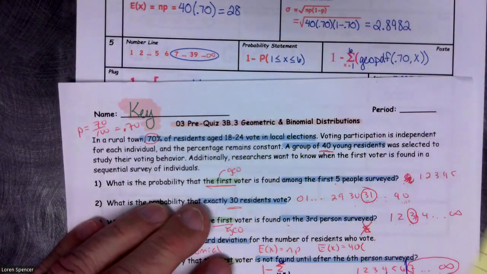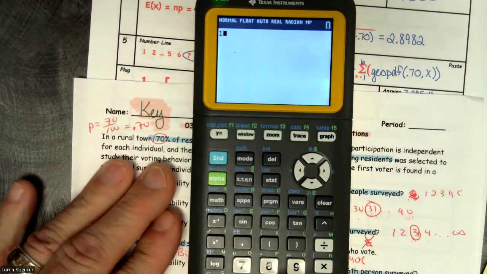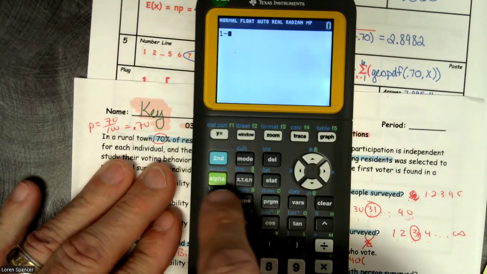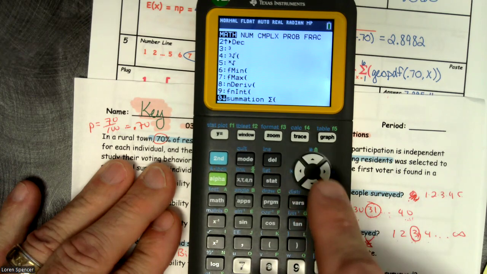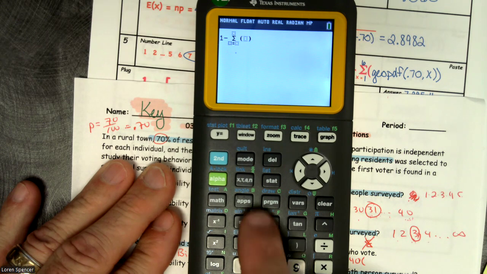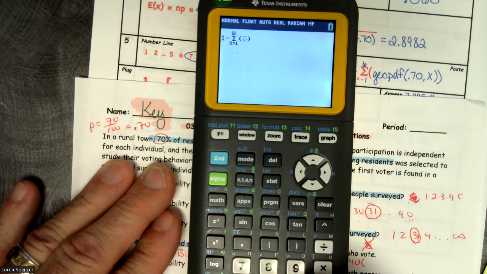So let's run this through the calculator and see how this works. We're going to go 1 minus, press the math button because I need that summation key. Scroll down to number 0, summation. We press the X button. We're subtracting out 1 to 6, so 1, arrow up to 6.